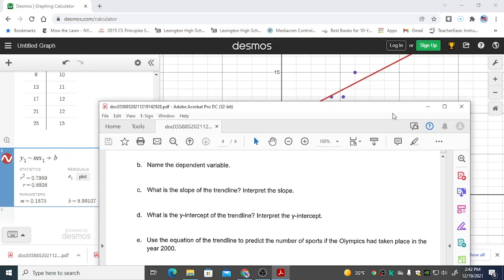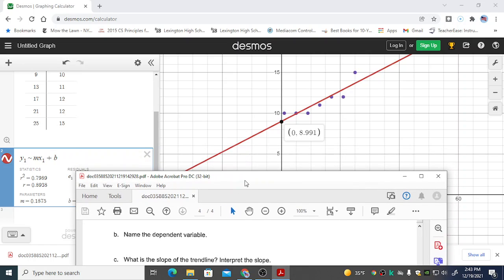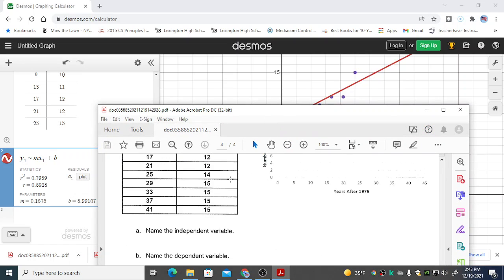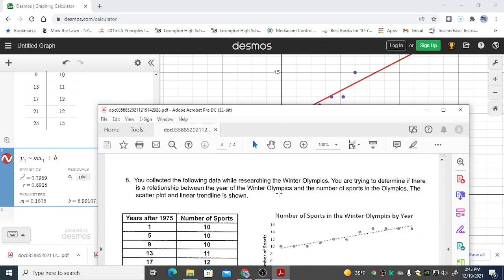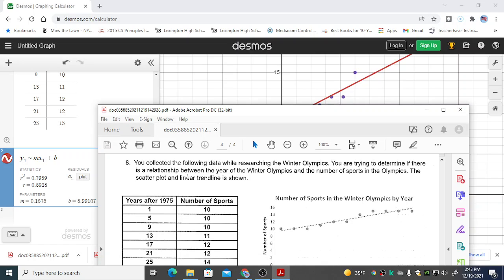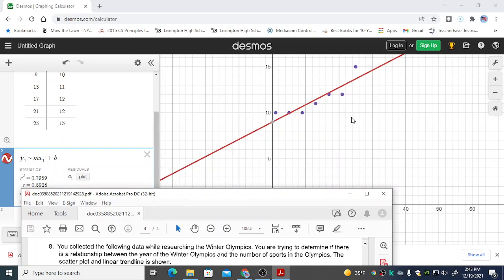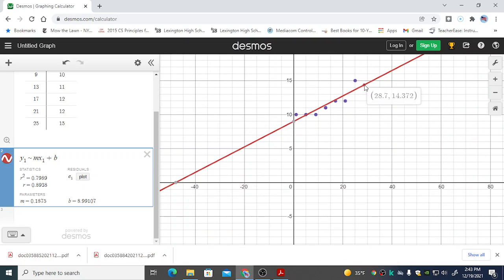Well, don't look out to 2000. I need to figure out, well, how far is 2000 from 1975. Well, 1975 to 2000 is 25 years. So I'm looking at 25 here. So this is where I want to be here, 25 years after.